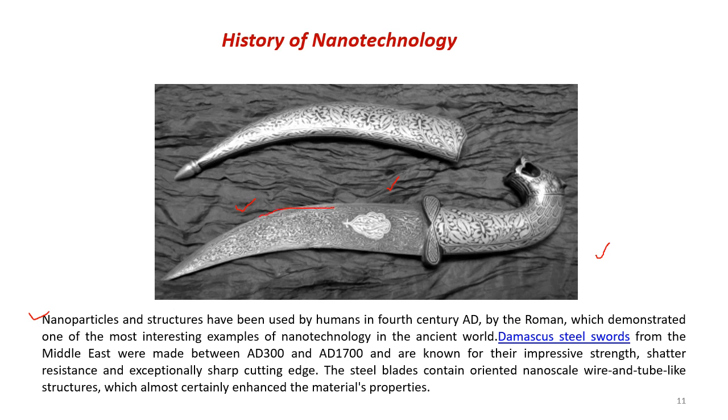These blades contained oriented nanoscale wire and tube-like structures, which almost certainly enhanced the material properties. So there is a possibility that these swords had some form of carbon nanotubes. So the existence or knowledge of nanotechnology was known to human beings way back in those centuries also.